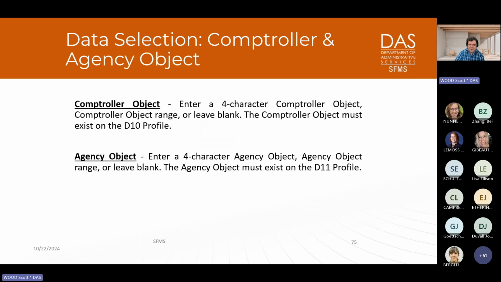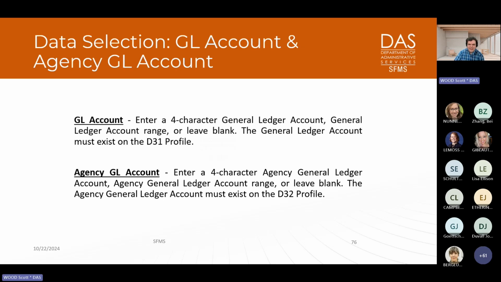Agency object is a 4-character object that you can leave blank, but it must exist on the D11 profile. For GL account, enter the 4-character GL account, or leave blank. It must be on the D31 profile. Agency GL account, enter a 4-character general ledger or agency account, or leave blank. It must be on the D32 profile.